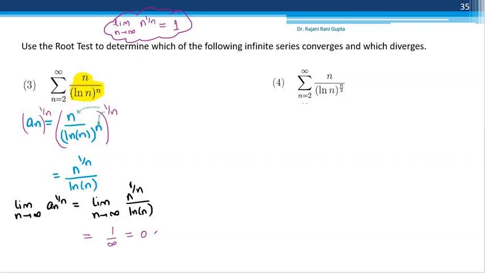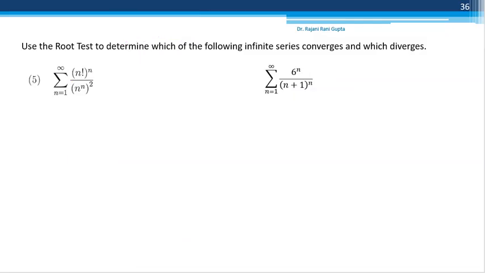So you get 1 over infinity, which is 0, less than 1. So it means your series converges. Similarly, you can work over here. It's an almost similar example, just you will have 1 over 2, so here you will have ln n with power half. Okay, let's take another, this one.